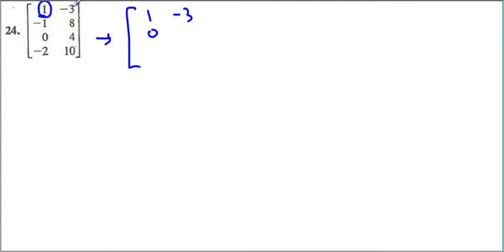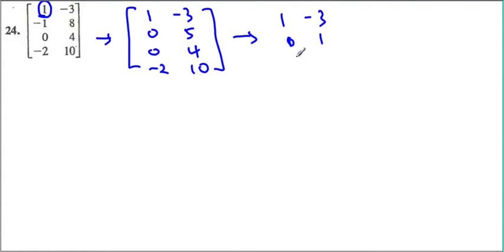So 0, and then 5, 0 and 4, and negative 2, and 10. Then when I do this one minus this one, I get 1, negative 3, and 1, 0 and 1, and 0 and 4, and negative 2, and then 10.